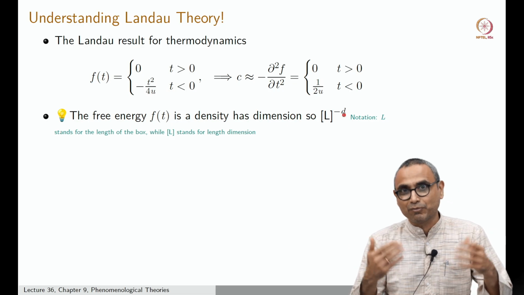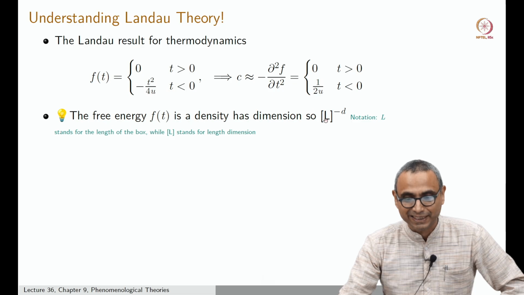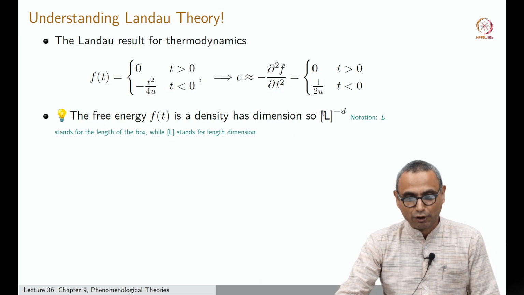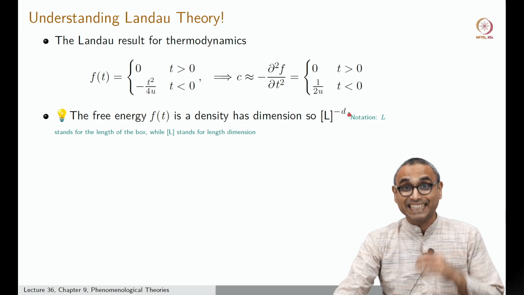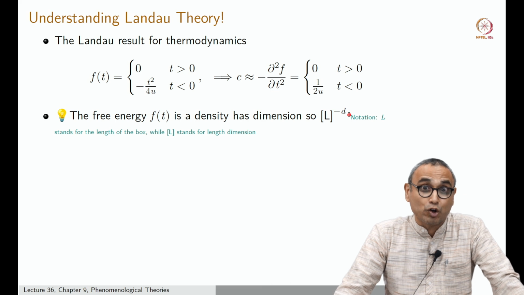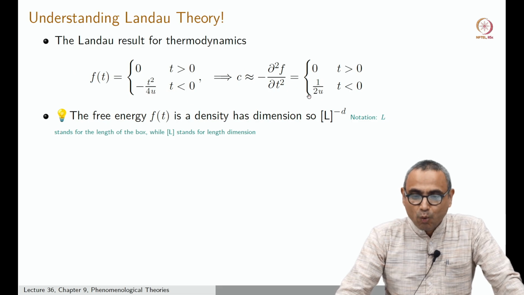When we were in high school, we were taught units and dimensions. So this is length dimension. So this free energy density has dimensions of length to the power minus d. It's actually a density, number density, some 1 by volume kind of object. Okay, so that is what this is. So what would that mean for the dimension of u?